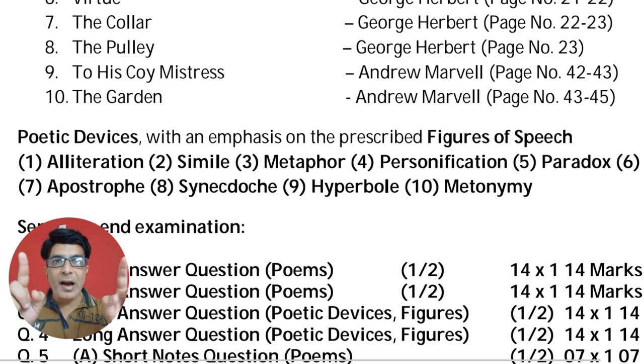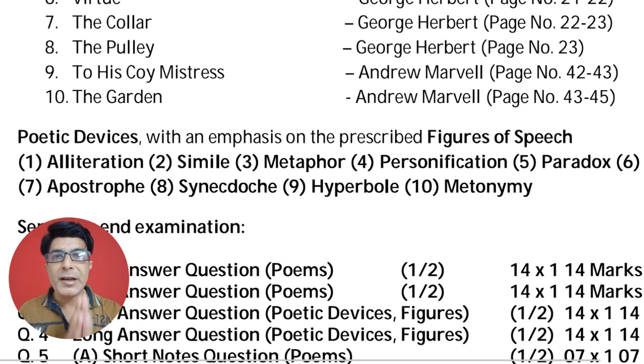So these are 10 figures of speech or poetic devices you will study in this paper number 4. So 10 metaphysical poems by three great poets and 10 poetic devices. This is your paper number 4.